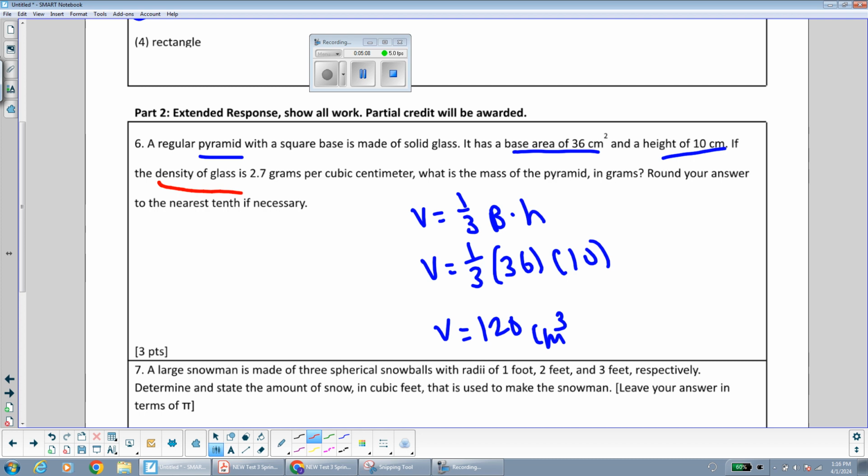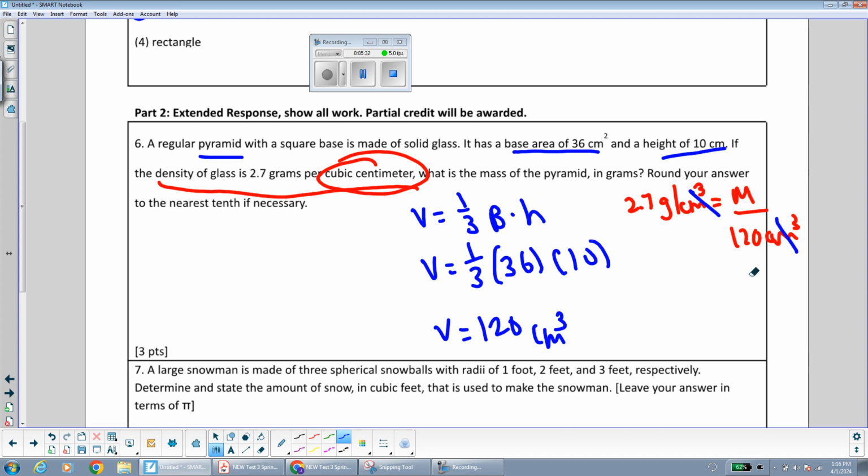Now they also tell us what the density is. And notice that the volume unit for the density is already in cubic centimeters. So far, so good. So we have 2.7 grams per cubic centimeter, that's the density, is equal to mass, which is what we're finding, over the volume, which is 120 centimeters cubed. The centimeters cubed cancel out.